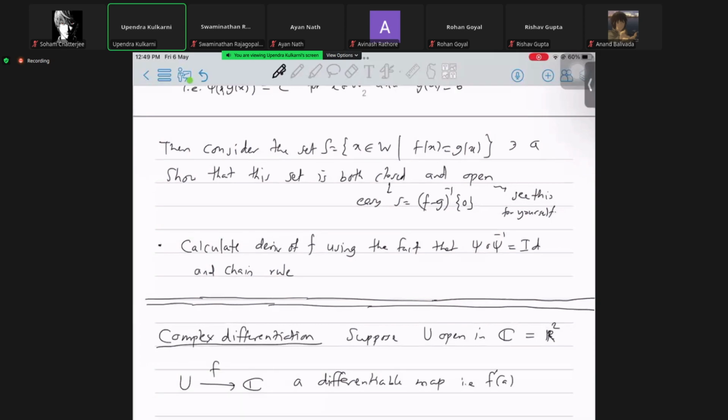The derivative of f at a, as an R-linear operator from R2 to R2, is defined.